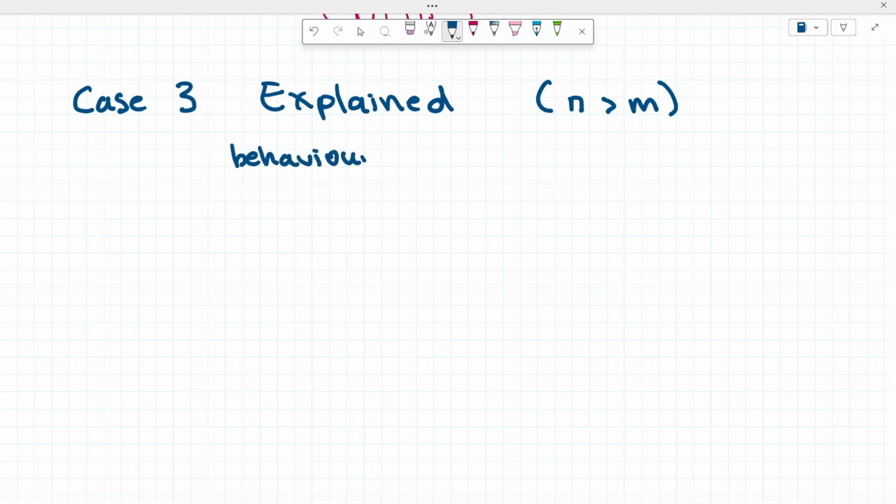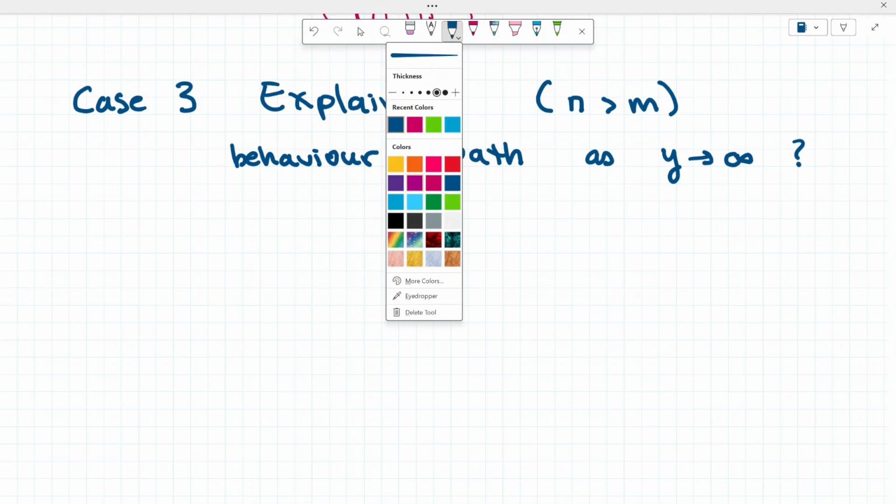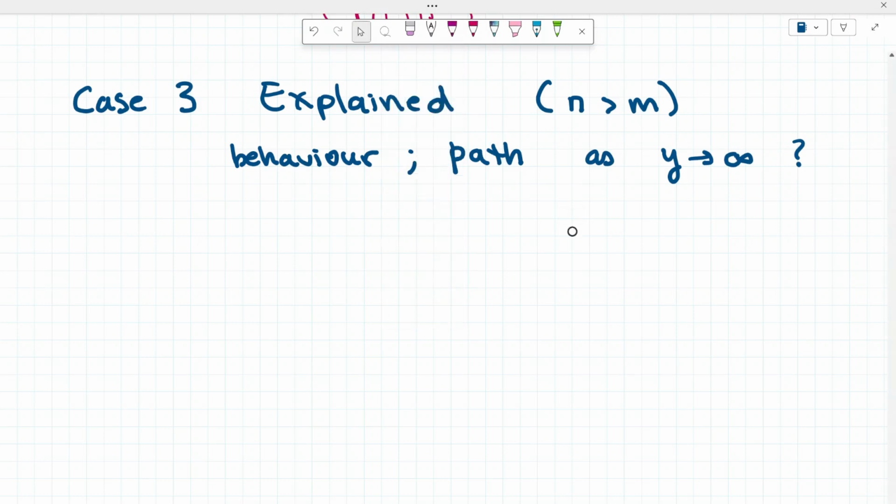Like we said, we want to know the path that it takes as y approaches infinity. So let's go through a step-by-step explanation of how we can figure this out. The first thing that you're going to have to do is reference our previous skills that we've learned. We actually want to divide the numerator by the denominator.